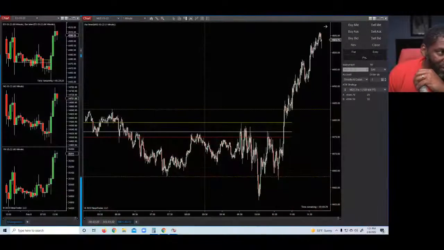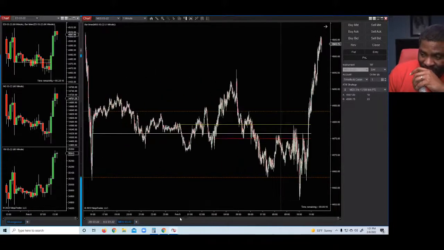And what I mean by that, right? If you look here where my liquidity line is, if I shrink it down, the only other spot right here is from yesterday. You see what I'm saying?